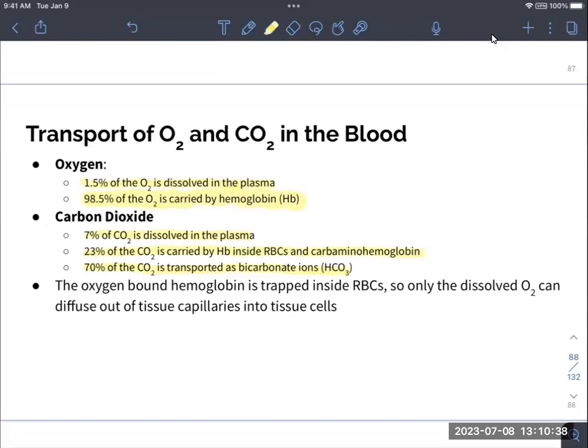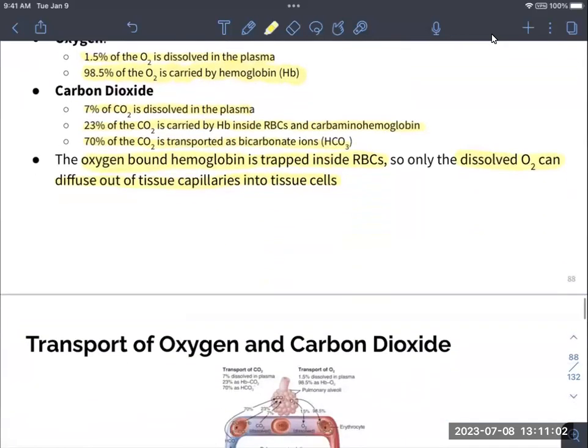Here's the interesting thing. The oxygen that is attached to the hemoglobin is actually trapped inside those red blood cells. The dissolved oxygen is what'll diffuse out of those tissue capillaries and into those actual tissues.